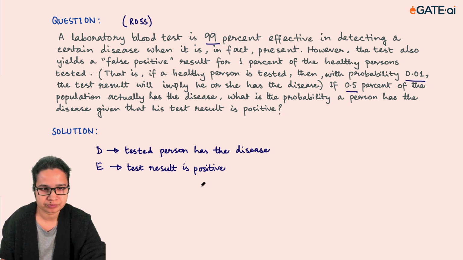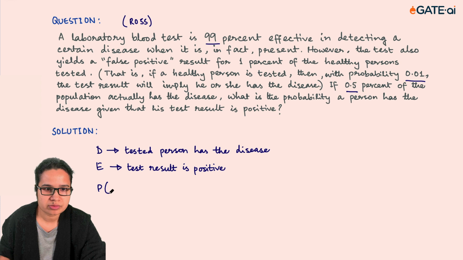Now let's list down all the probabilities we already know from the statement of the question. The first is that the test is 99% effective in detecting a certain disease when that particular person has the disease. That's a conditional probability.